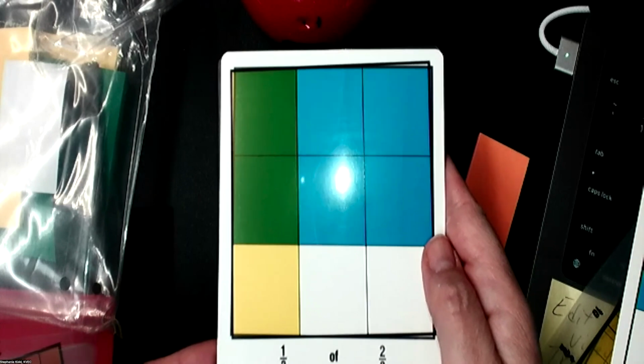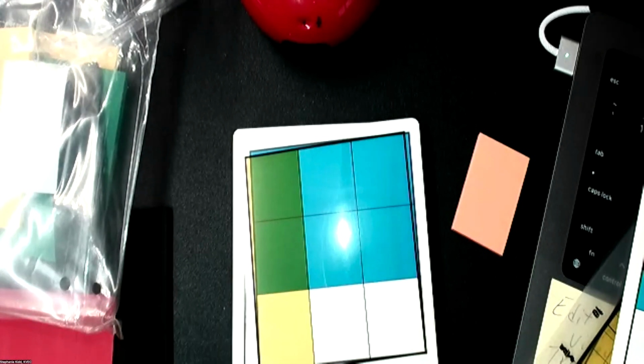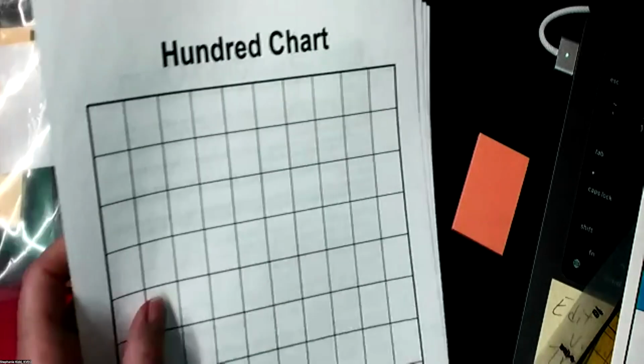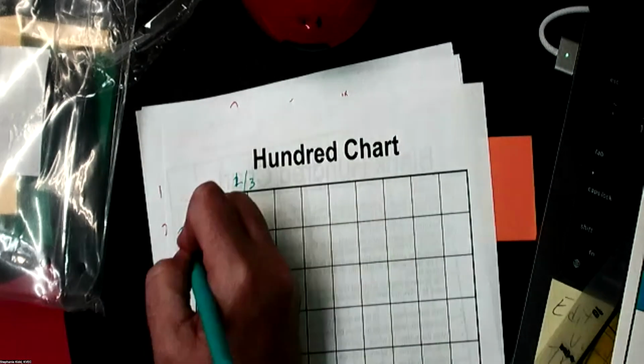And I love this. And you can do this on graph paper, or do it on a hundreds chart if you wanted to. I'll pull up another hundreds chart to show you. So if I was doing this on a hundreds chart, I would say, okay, I'm doing 1/3 by 2/3. 1/3 at the top and 2/3 here.